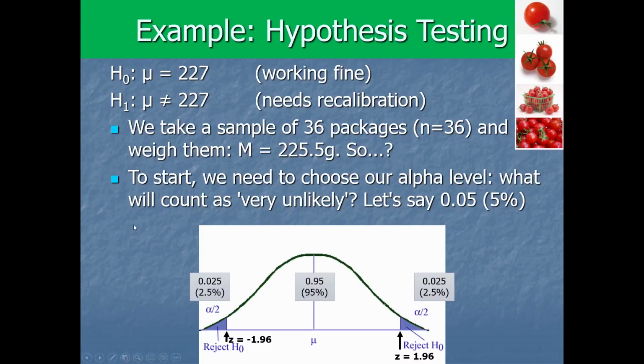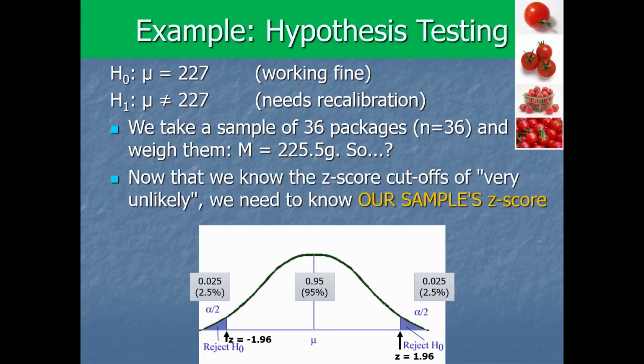So basically it gives you 2.5% of the graph on each side, right? So that is the critical region, or what we might call the rejection region. If our sample of 36 packages has a mean that falls all the way out there, then we would conclude the machine is messing up. We would reject the null hypothesis H0.